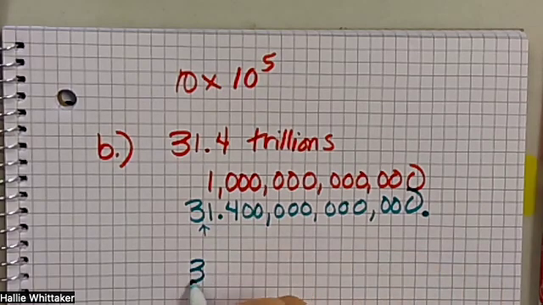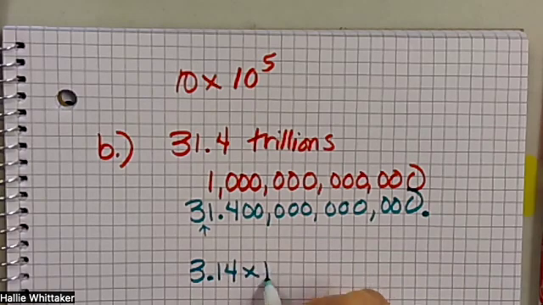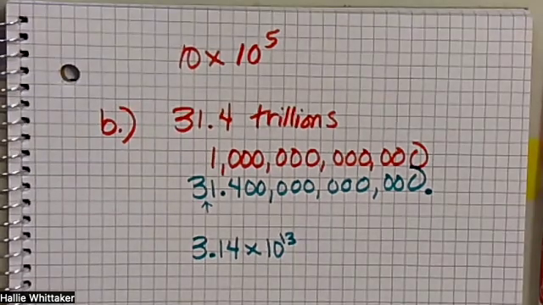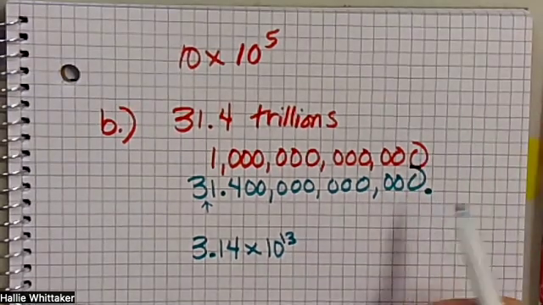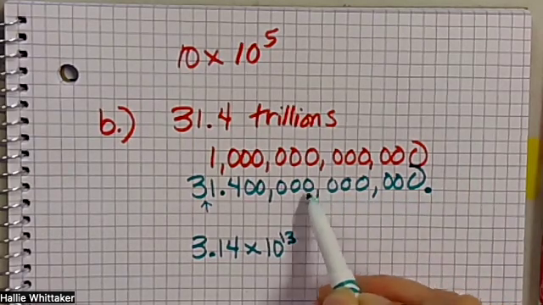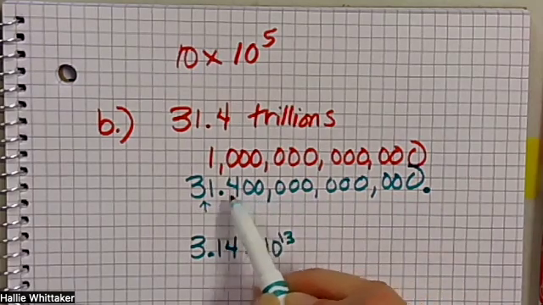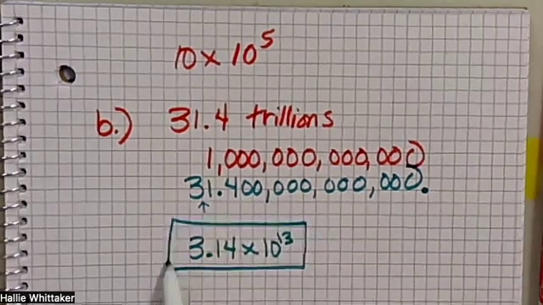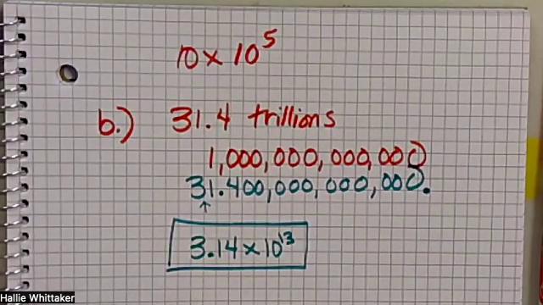So this is going to be 3.14 times 10 to the 13. Oh, yeah. Perfect. I actually didn't plan that. But hey, if that stresses you out, then 1, 2, 3, 4, 5, 6, 7, 8, 9, 10, 11, 12, 13. And that's another way to represent our national debt.